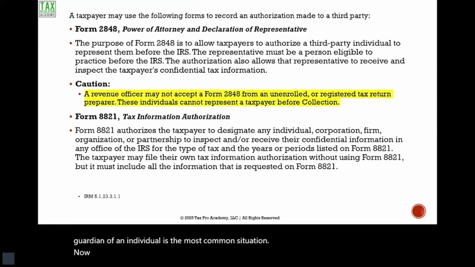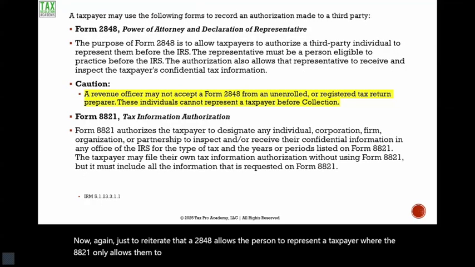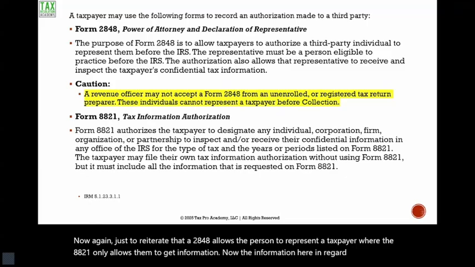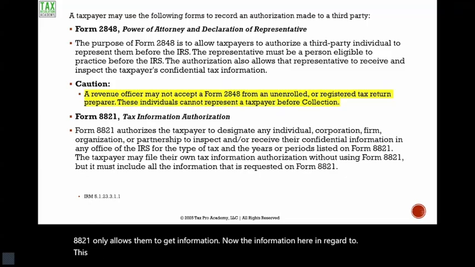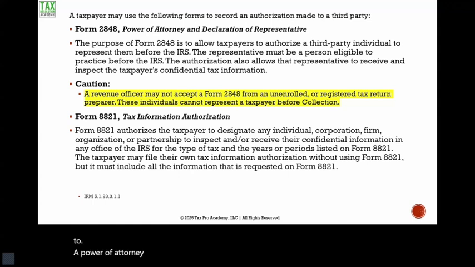Now, again, just to reiterate, a 2848 allows the person to represent a taxpayer, where the 8821 only allows them to get information. Now, the information here in regard to this particular section that I've highlighted in yellow is that a revenue officer is not supposed to get a power of attorney from somebody who is not a licensed individual, or I should say an unlicensed individual.